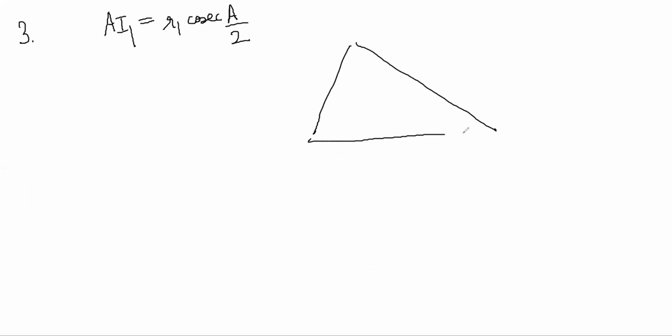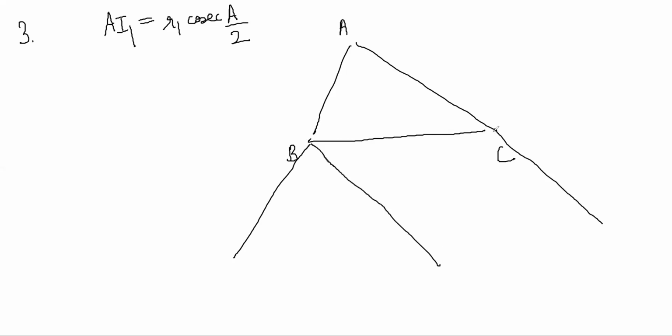So if you have A, B, C, extend the sides, put angle bisectors. This is your I1, right? And this is the bisector, right? So AI1 is this distance, this big distance, right? AI1 is this big distance.